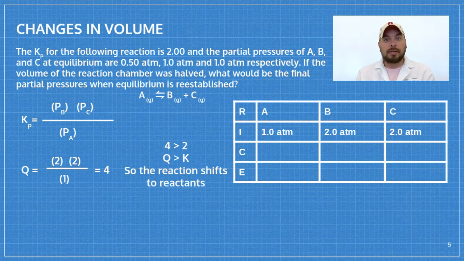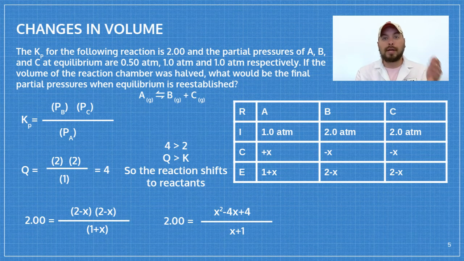That means the change of A is plus X, and the changes for B and C are both minus X. Therefore, at equilibrium, A is going to equal 1 plus X, and B and C are both going to equal 2 minus X. Because I know the temperature didn't change, they go back to the same K value, 2, which means that my K value, 2, is equal to my equilibrium values, 2 minus X times 2 minus X divided by 1 plus X.